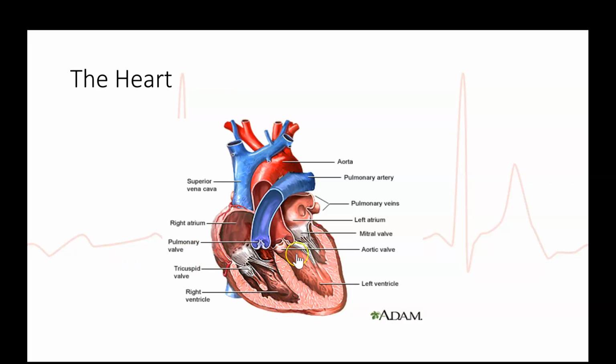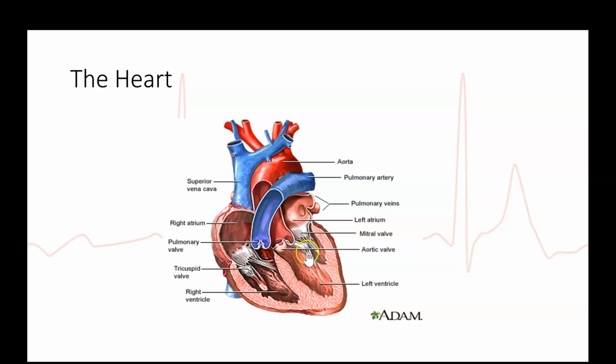So you could also look at it as that afterload is also the pressure that the left ventricle right here must overcome in order to open up the valve and eject blood systemically, right? Because if this is at 80 millimeters of mercury, that's what keeps it shut during rest, during diastole. So we need to build up pressure in this left side of the ventricle. Why? Because we want to overcome this pressure, so we must go higher than 80 millimeters of mercury in order to open the valve.